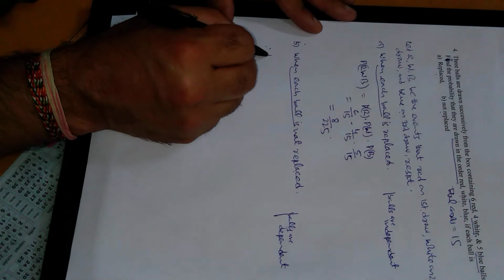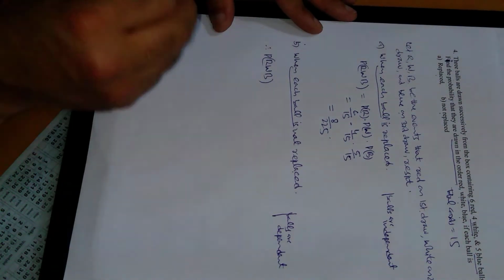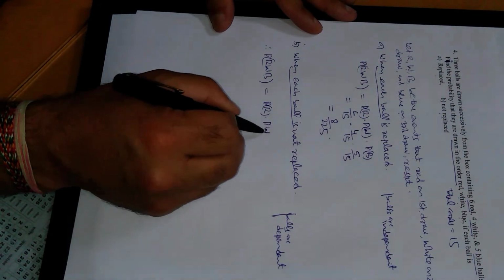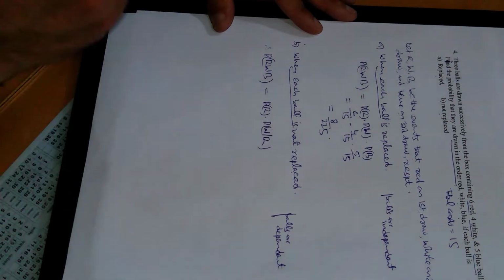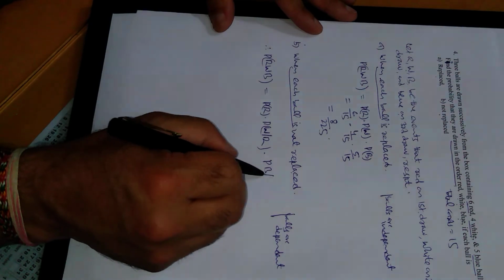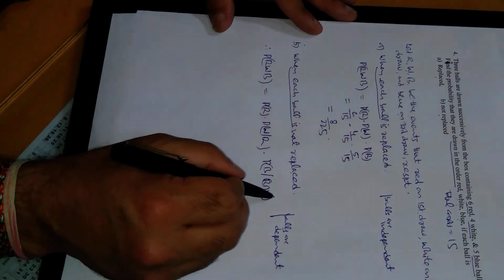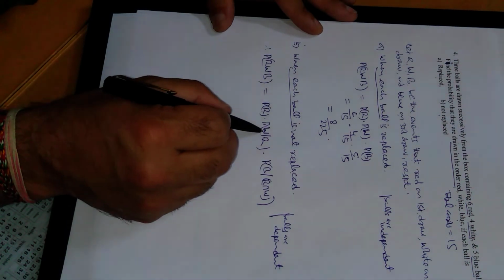Therefore the probability of R, W, B drawn in this order is the probability of R times the probability of W. This time the probability of W will be affected by R because cards are not replaced. Similarly, the probability of B, when both R and W have already been drawn, will be affected by both R as well as W.